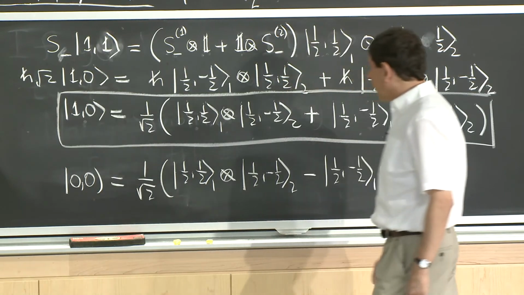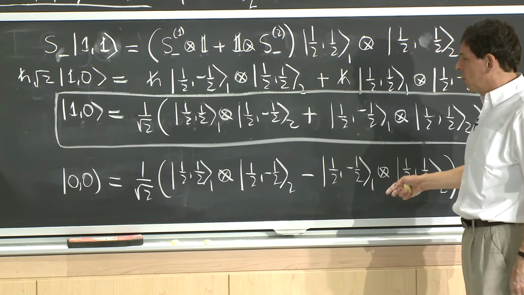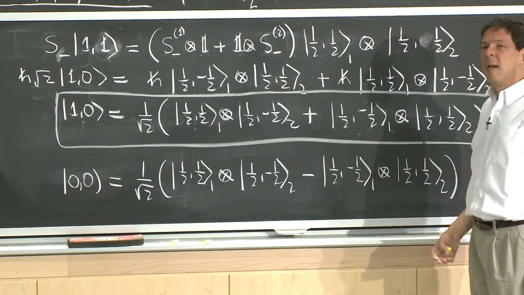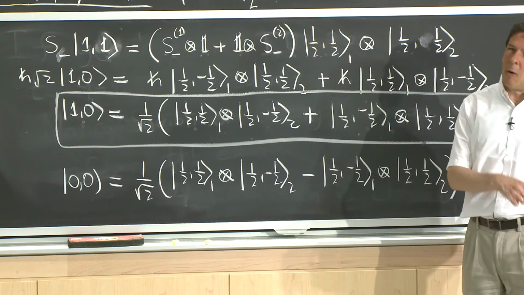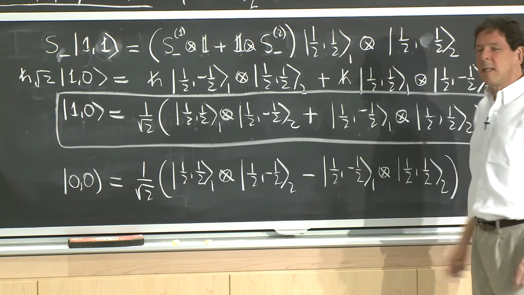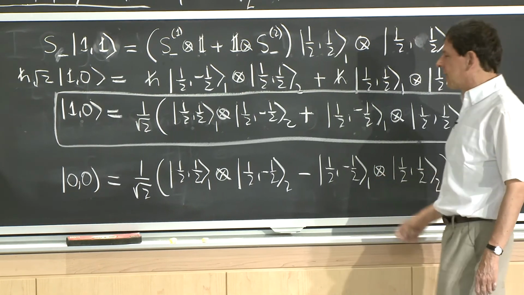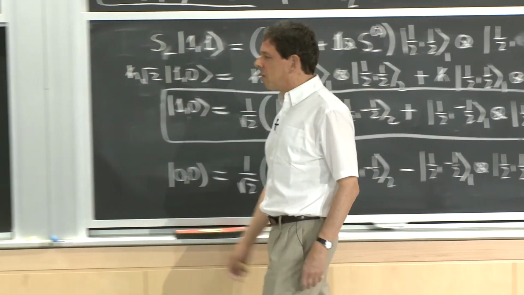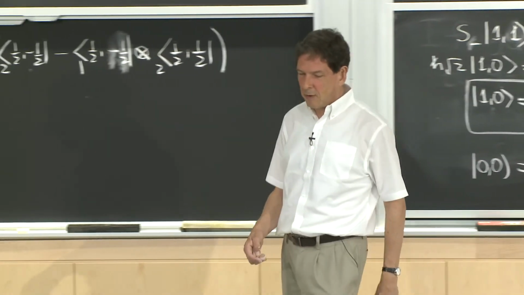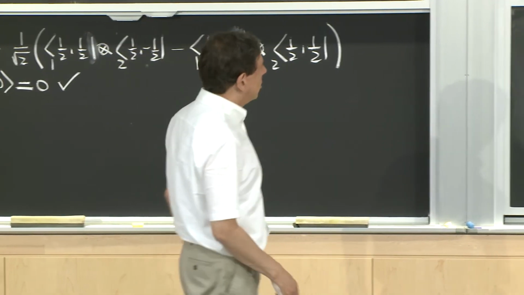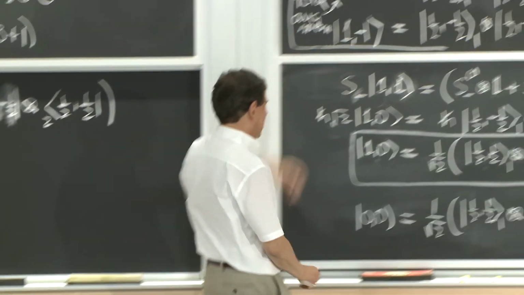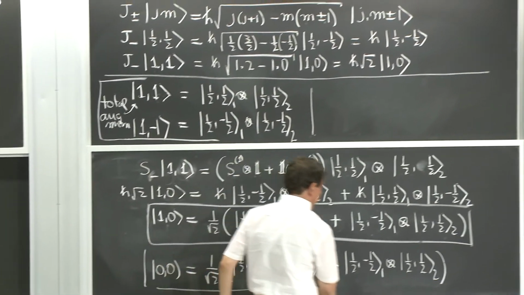You could do more tests on this state. For example, you could try to raise it by acting with the total raising spin operator, or lower it, and in both cases you should get 0, because this is a state that can't be raised or lowered. It has 0 angular momentum. Now, in principle, we're done here.